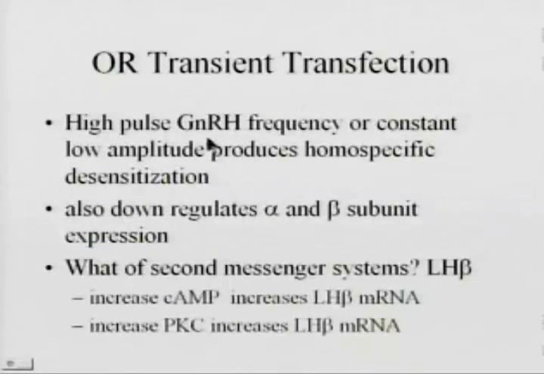Then a high pulse GnRH frequency or constant low amplitude would produce homologous desensitization and also downregulate the alpha and the beta subunit expression, and then ask what of the second messenger systems for the LH beta.